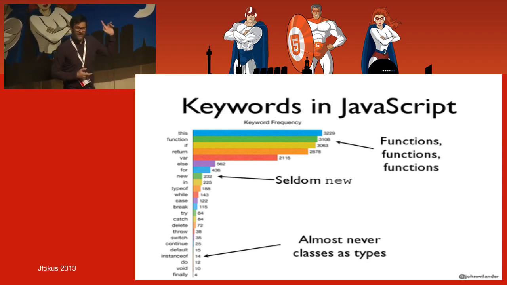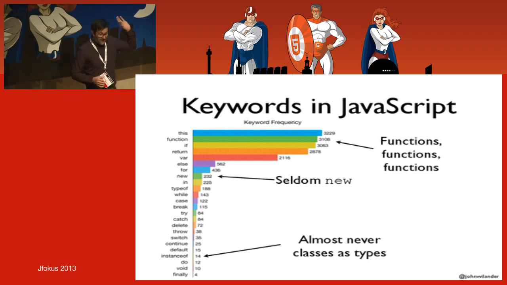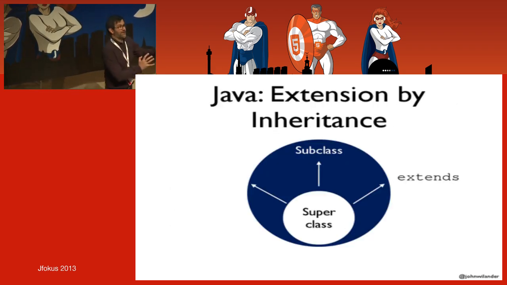You seldom see the new keyword. People are not instantiating objects from prototypes with a new keyword. That's not really a common pattern you see in JavaScript. You almost never see the keyword instanceof, meaning that you're trying to check for is-a relations between two objects. So this is the difference between Java and Java-like languages and JavaScript.